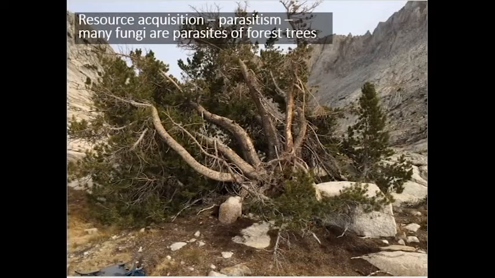Now, you're probably aware of the occurrence of parasitism in forest trees. Forest trees, all plants, all living things can be parasitized. They can be attacked by parasitic or pathogenic microorganisms, and their health can suffer very consequentially because of those.